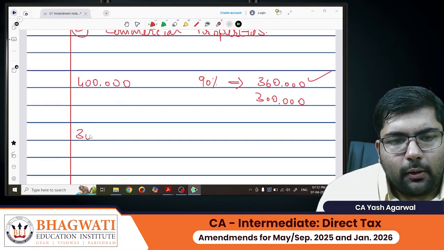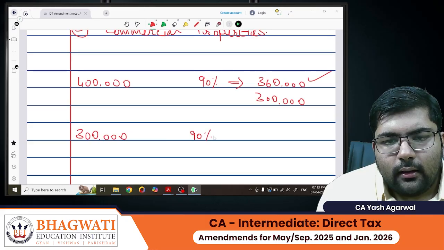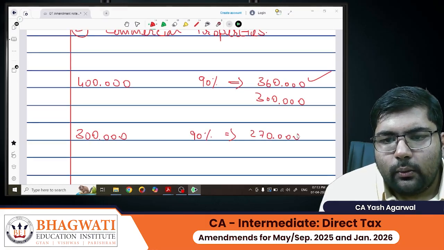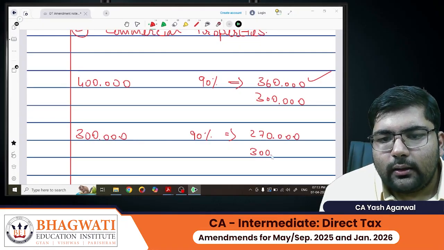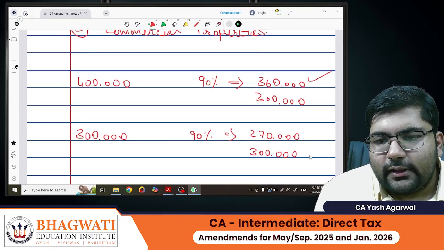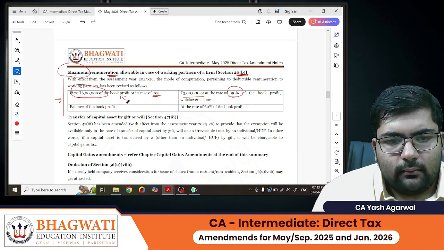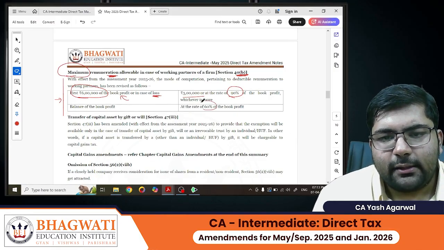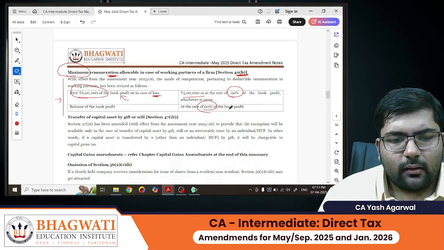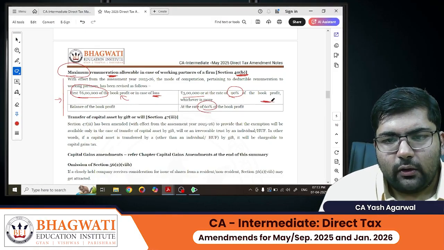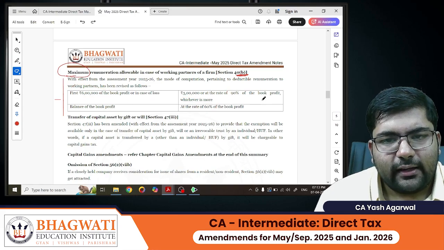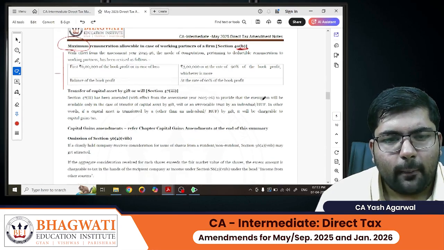If you have a book profit of 3 lakh rupees, then 90% of this would mean 2 lakh 70,000 or 3 lakh, whichever is more. So that would be 3 lakh rupees here. And on the balance of the book profit, 60% of the book profit. Okay, it's this first one that has undergone a change. So please learn that very carefully. That's going to be very important.